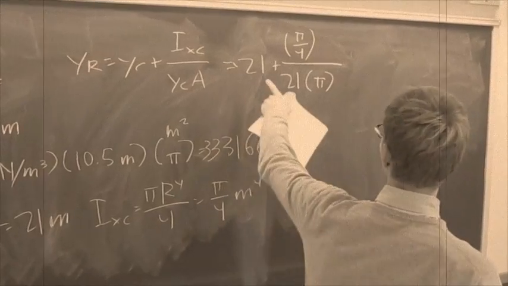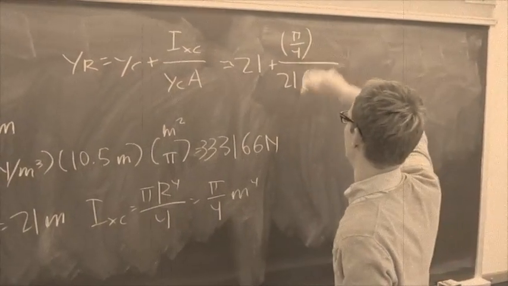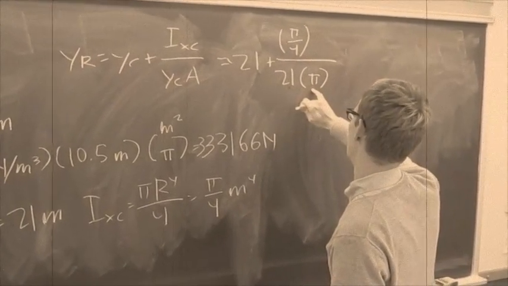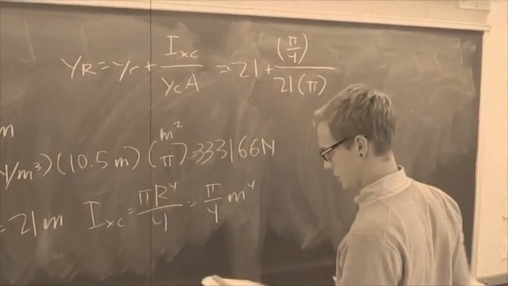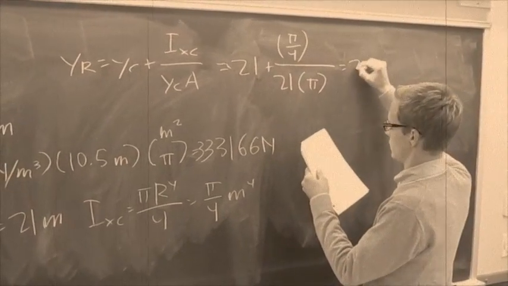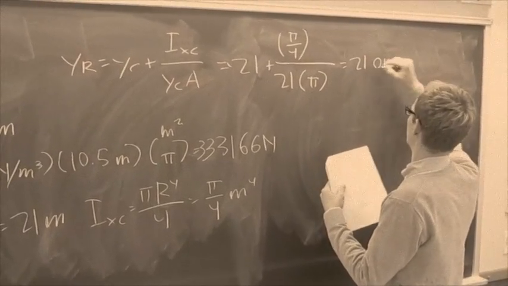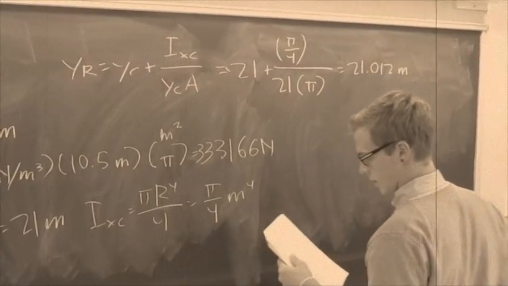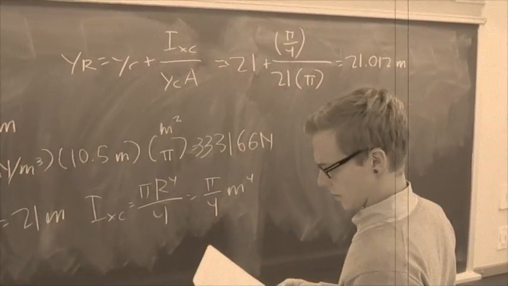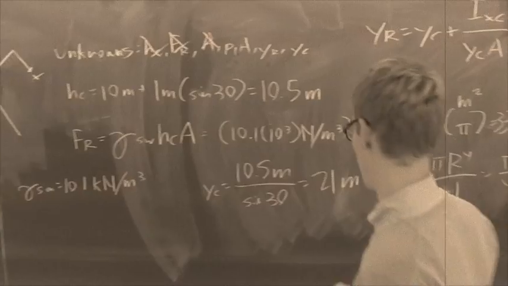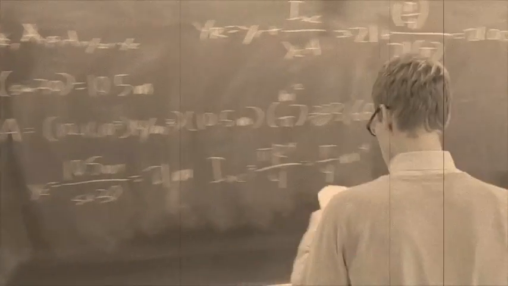So this is in meters, this is in meters cubed, meters squared, you end up with meters and meters. This ends up being 21.012 meters. Then all you really have to do is plug it in to get that the sum of moments about A equals 0.